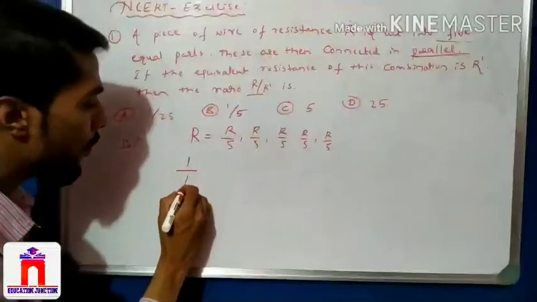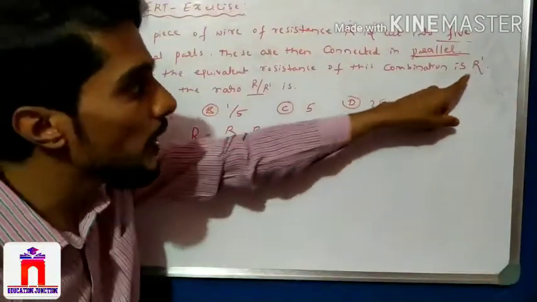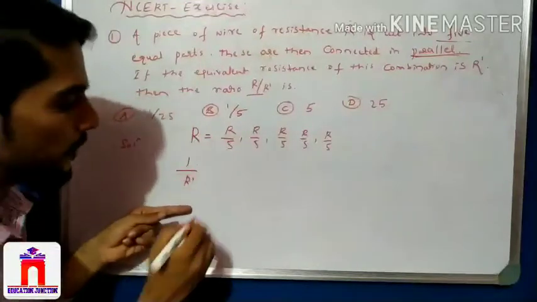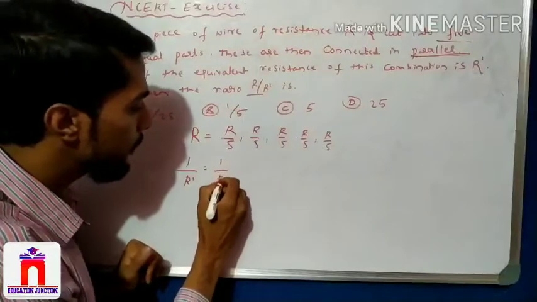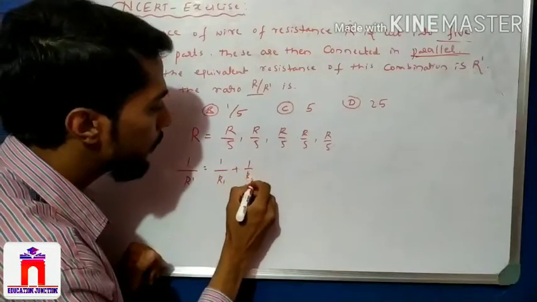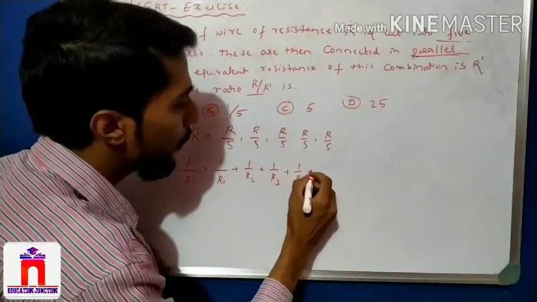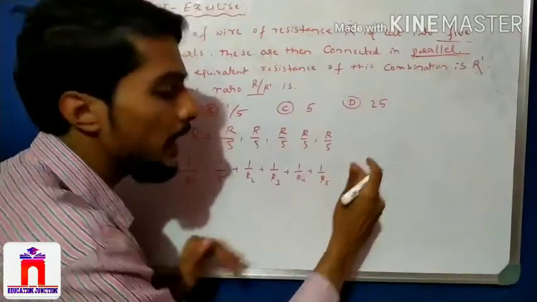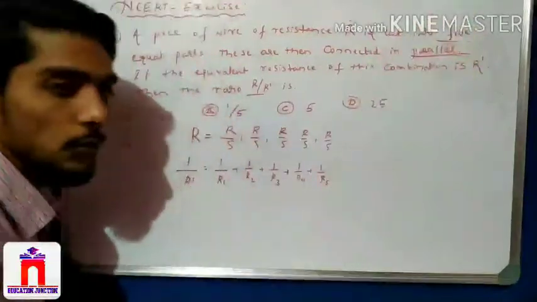So 1 by R dash is equal to 1 by R1 plus 1 by R2 plus 1 by R3 plus 1 by R4 plus 1 by R5 and so on up to n. But here we stop at 5 because 5 parts are given.